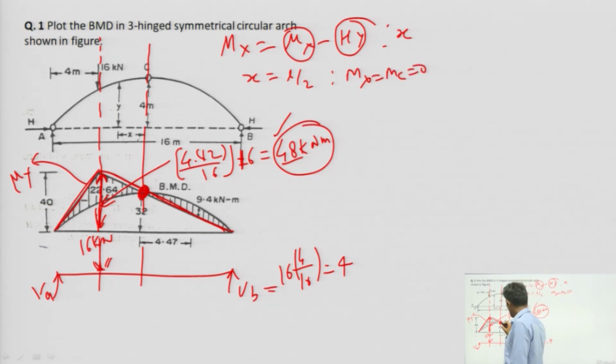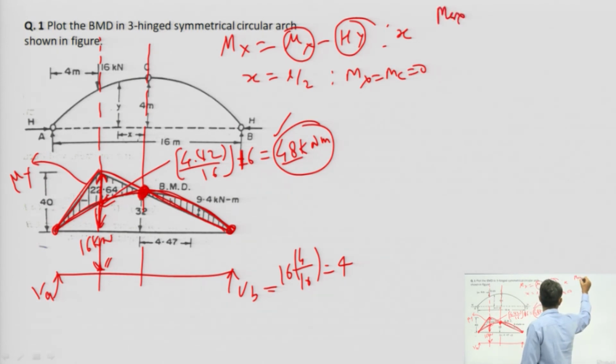So, we know this point, and at point A, since y is 0, we get this. So, this is the BMD. Now, we need to calculate further the maximum bending moment.